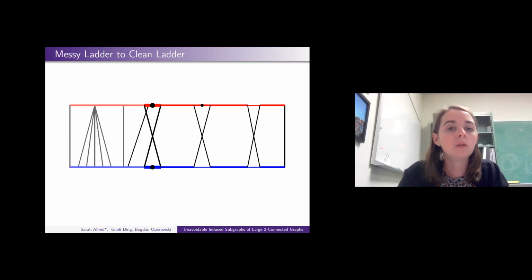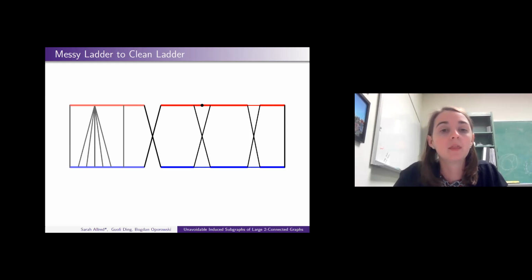We know that this edge is not going to do anything, because when I resolve the cross, what I'm doing is deleting the vertices in the red rail that are thicker and in the blue rail that are thicker. And that looks like that. So notice we got rid of the black rung that was just hanging out there and crossed our cross, but didn't cross anything before. And we know that there are no edges from the left part of our graph that is faded to the right part that is not, because we would have had a bigger cross.